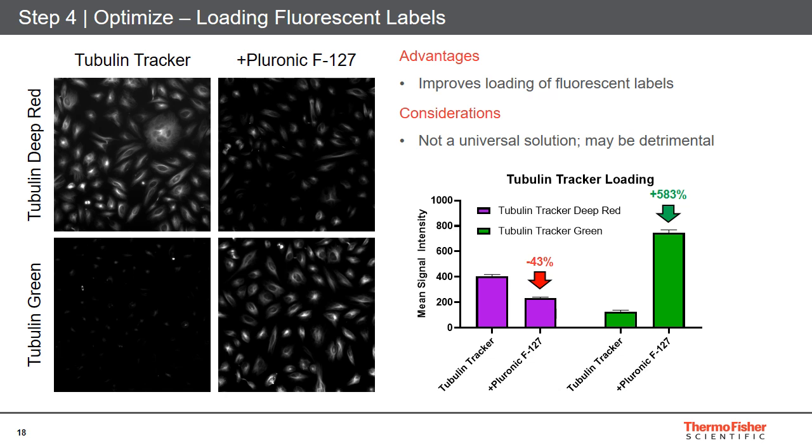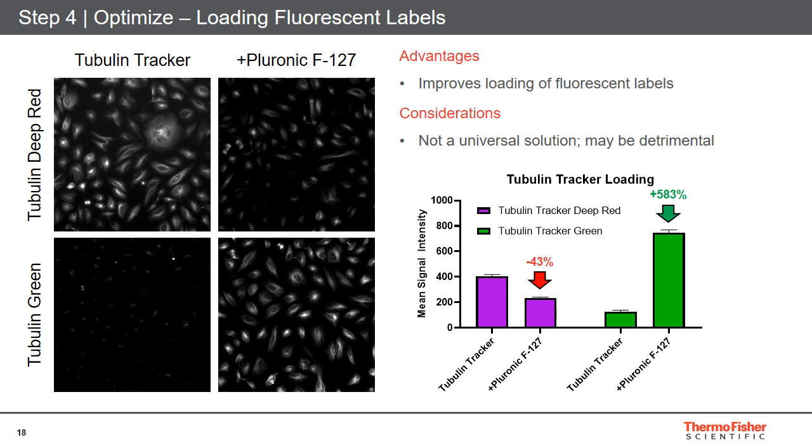But if we co-incubate and load with Pluronic F127, we see a drastic increase in the loading of this particular label. Now, on the other hand, if we employ the same approach with our new tubulin tracker Deep Red, we'll see that the molecule by itself is actually quite effective at loading without Pluronic, and that by the addition of Pluronic, we actually are causing a detrimental effect on the amount of signal that we have to work with.